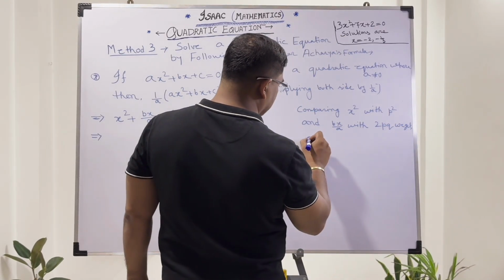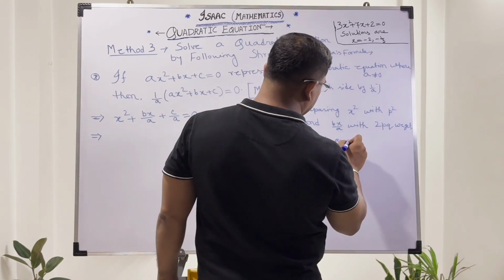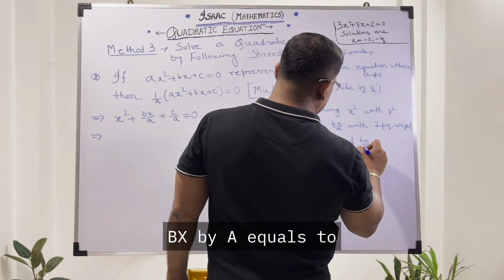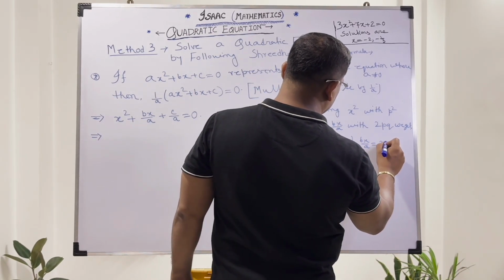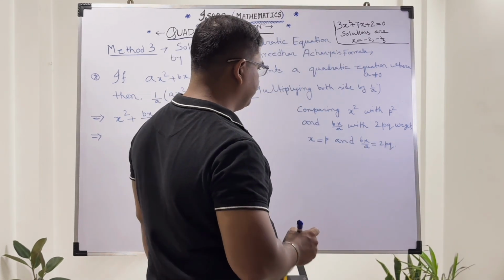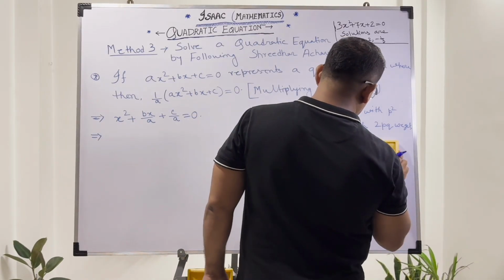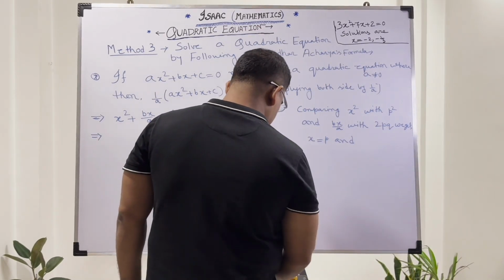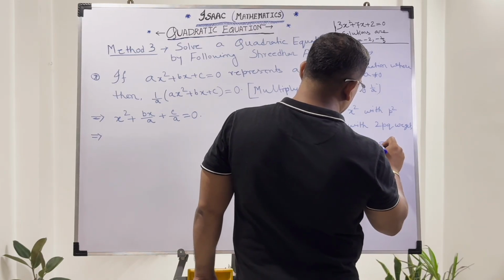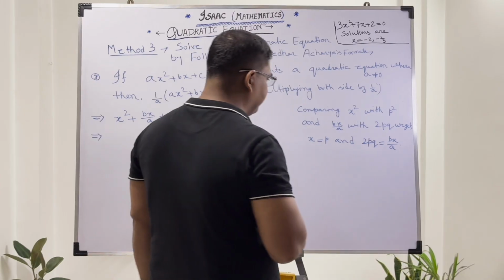We get x equals p and bx/a equals 2pq, or 2pq equals bx/a.